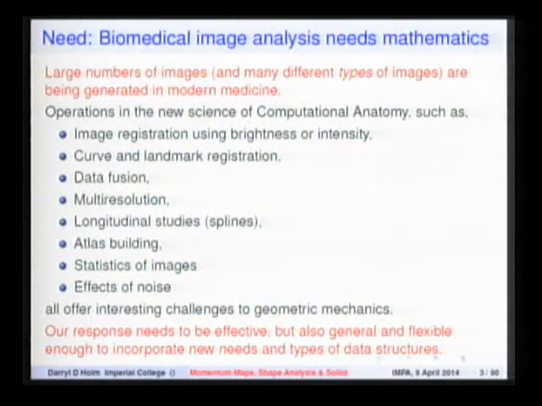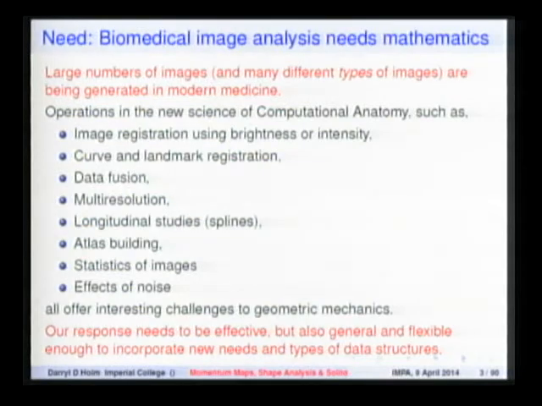So the need for image analysis, shape analysis, this approach in geometric mechanics comes up because large numbers of images, all kinds of different images with all kinds of different imaging machines, are being developed rapidly, and lots of images are being produced. Doctors won't have time to go through the microfiche or whatever they are to study the progress of their patients.